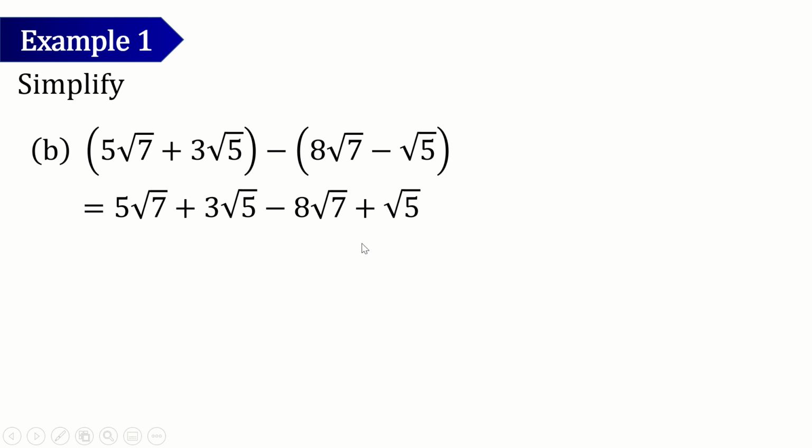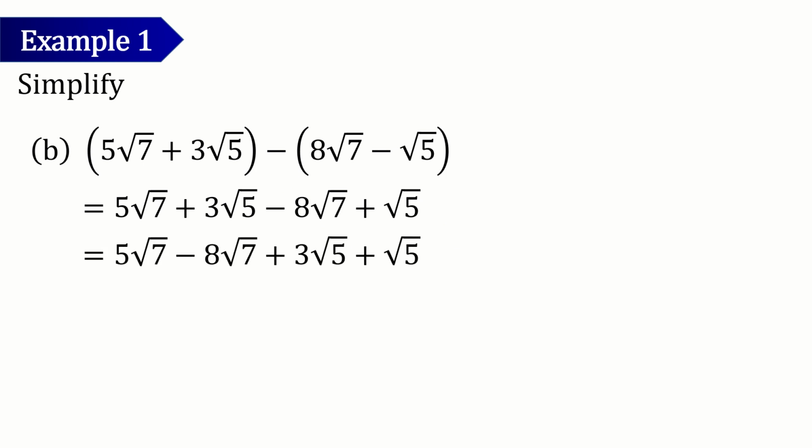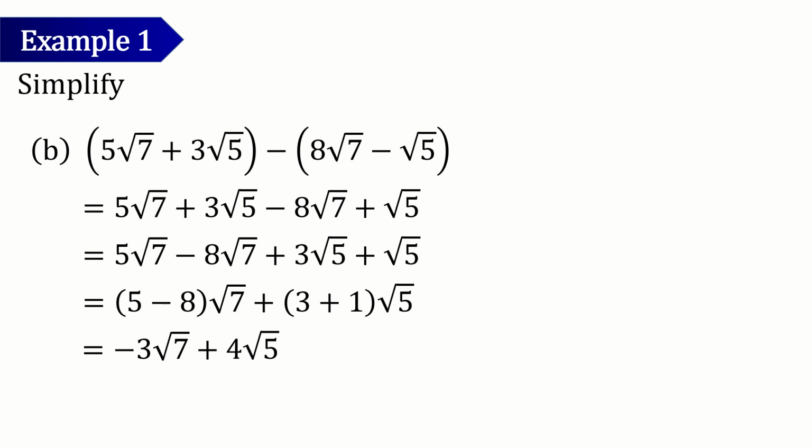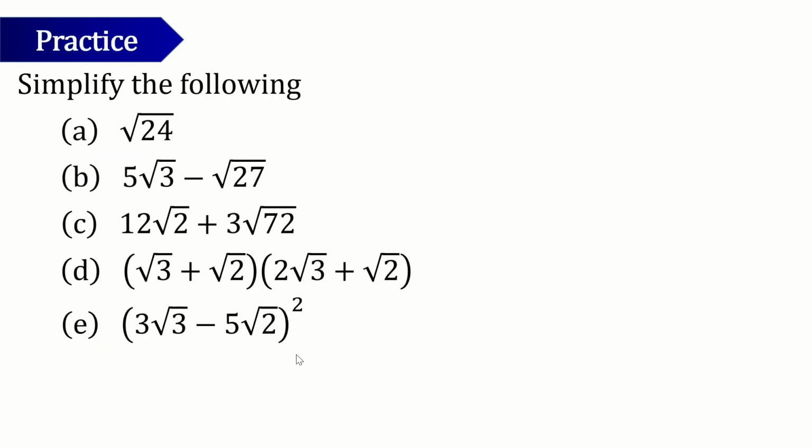Then we can regroup the same base, the terms with surd 7 and the terms with surd 5, factorize surd 7 and surd 5, and simplify. This equals, 5 minus 8 is negative 3, so negative 3 surd 7, and 3 plus 1 is 4 surd 5. You can do more exercises for better understanding.